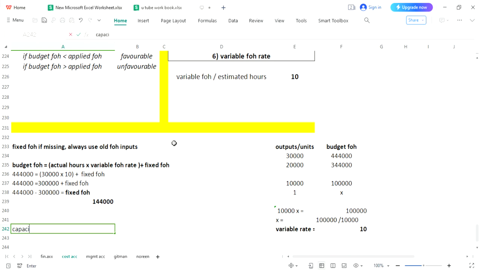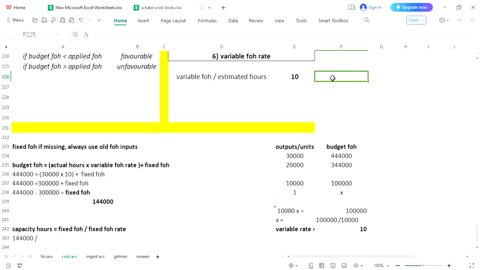Capacity hours would be calculated by taking fixed FH and dividing it by the fixed FH rate. So this is our requirement, and now we need to see where the fixed FH is. Here, 144,000. First you can put 144,000 and it is going to be divided by the fixed FH rate.